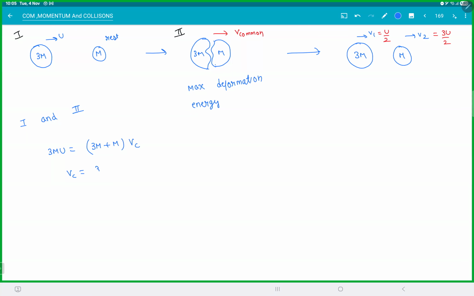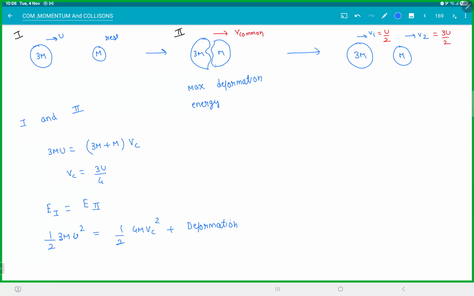So v common will be 3u by 4. So what was the initial energy? Energy in state 1 is equal to energy in state 2. Total energy is conserved, which is half 3m u square plus half 4m v common square. The remaining energy is your deformation energy.